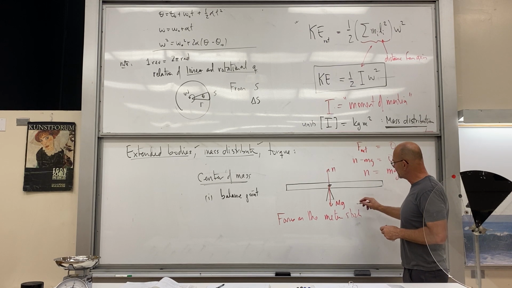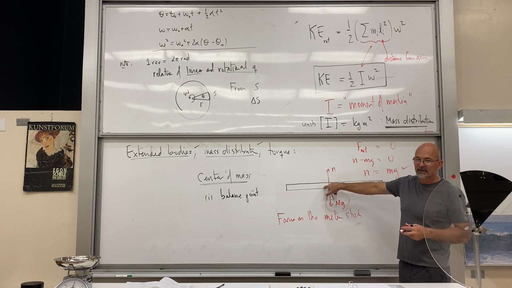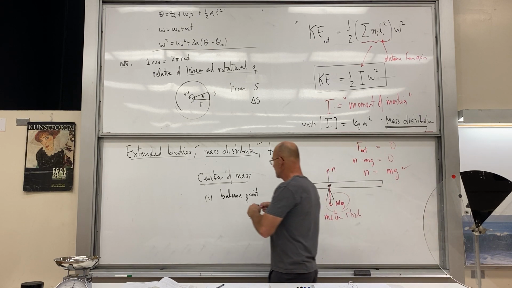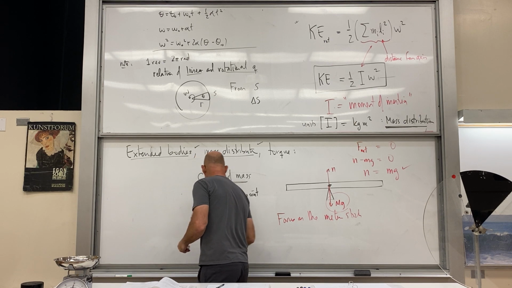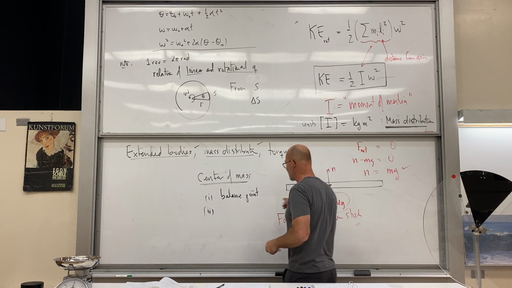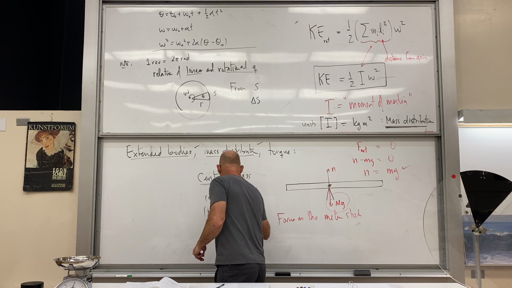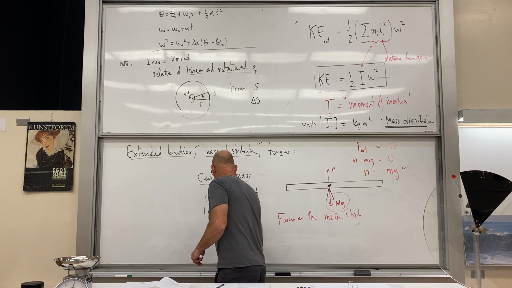But it's now balancing. What we can say about the weight, this mg, is that the weight acts at the center of mass. This is a literal proof of the fact, the operational proof, so to speak, the balance point.